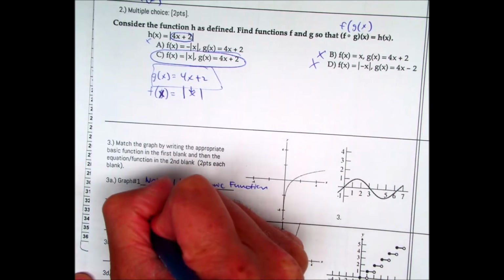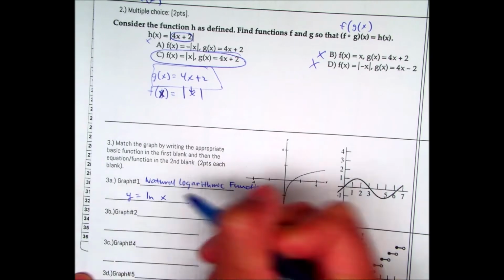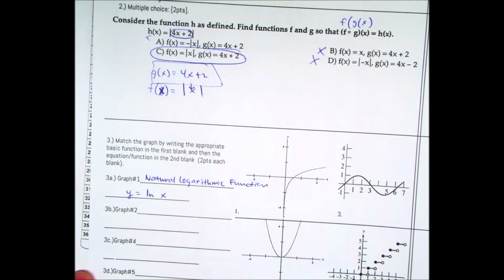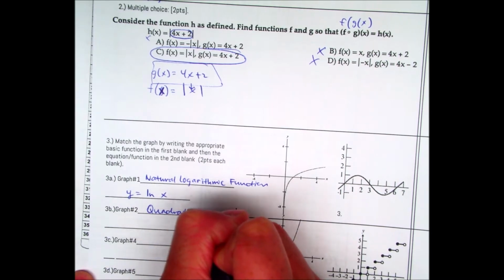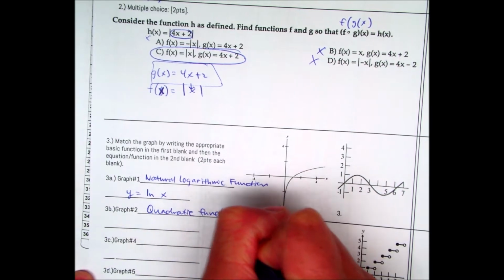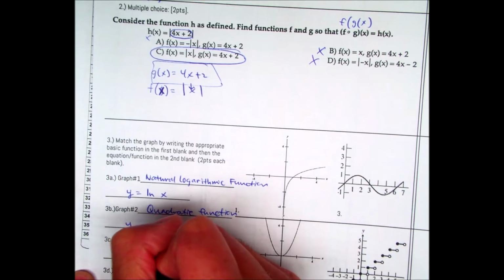And the equation is y equals ln x, or f of x equals ln x. Number 2, this is a quadratic function. It's quadratic, and its equation is x to the power of 2.